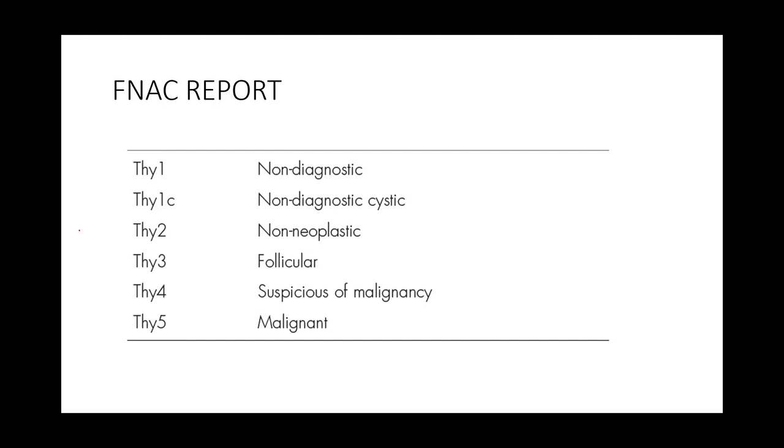And you should know, for fine needle aspiration cytology in reporting malignant cells, they show pleomorphism, increased nuclear cytoplasmic ratio, increased mitotic figures, and hyperchromasia. These are some findings you notice for malignant cells on fine needle aspiration cytology.